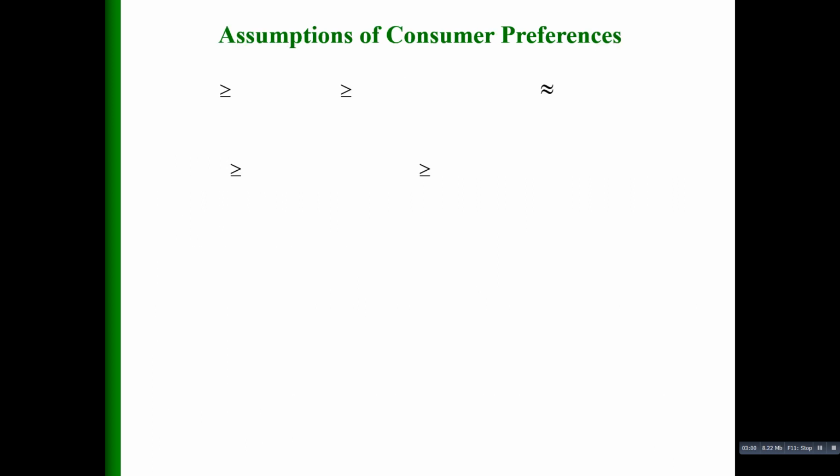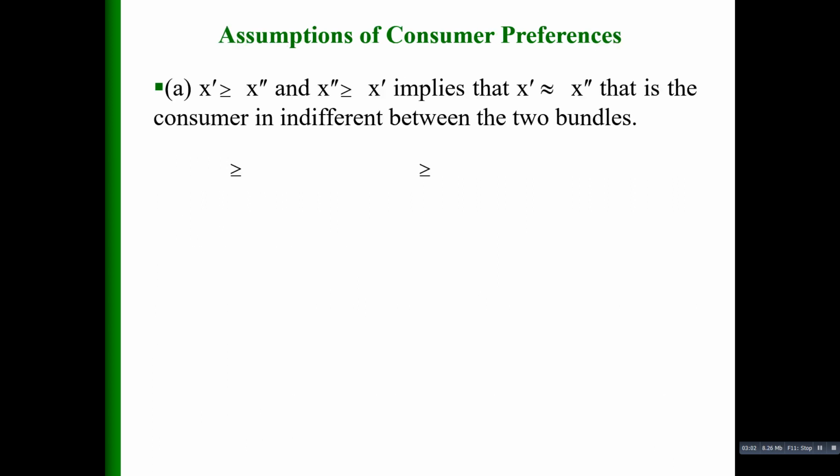Assumptions of the consumer preferences. A. X prime greater than or equal to x double prime and x double prime greater than or equal to x prime implies that the consumer is indifferent between x prime and x double prime bundles. That is, the consumer is indifferent between the two bundles.